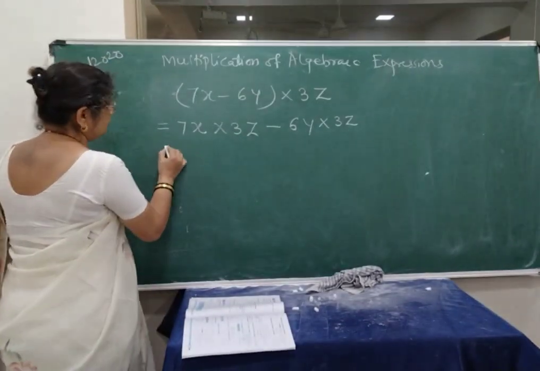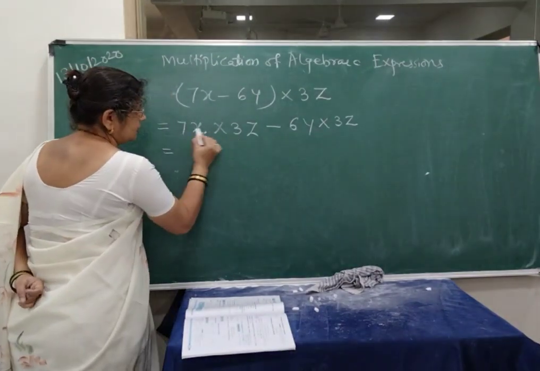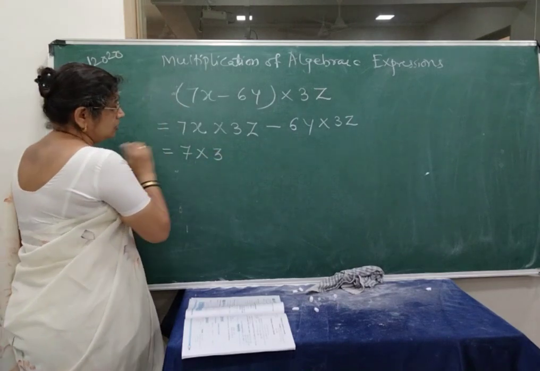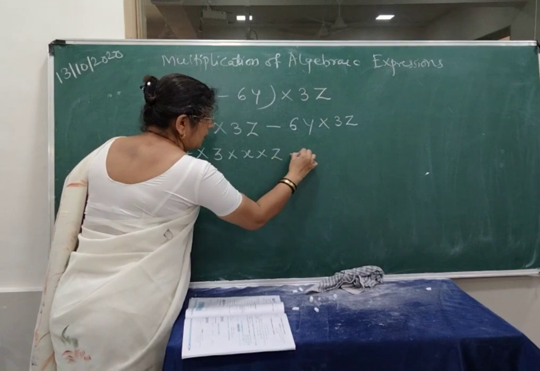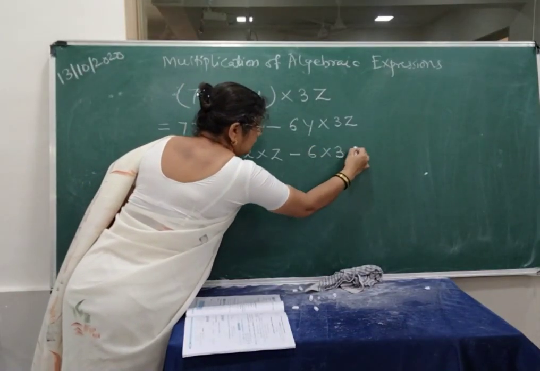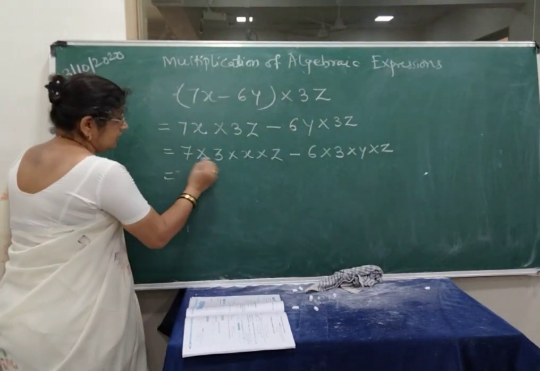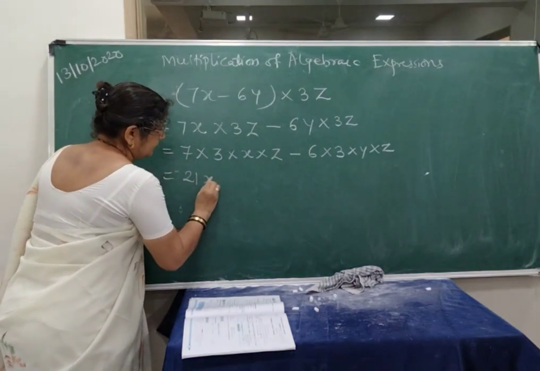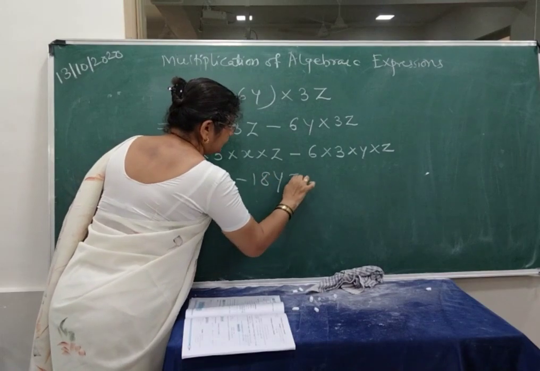Understood this much? Now again you will bring the coefficients. First you will write the coefficients, so 7 into 3, then I will write x, then z. Minus, again the coefficient 6 into 3 into y into z. Now 7 3s are 21 xz, minus 6 3s are 18 yz.